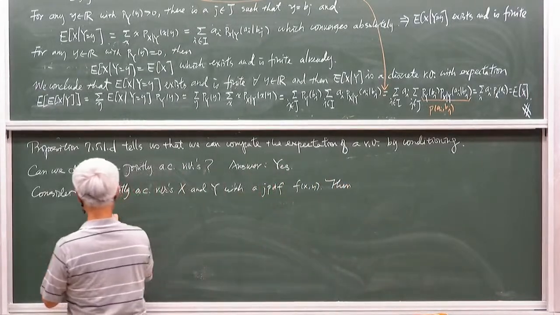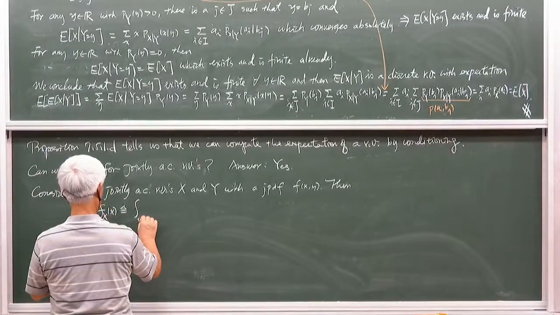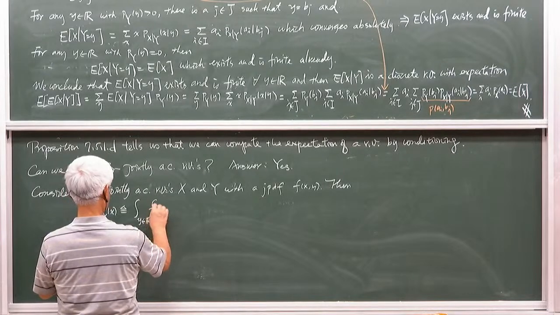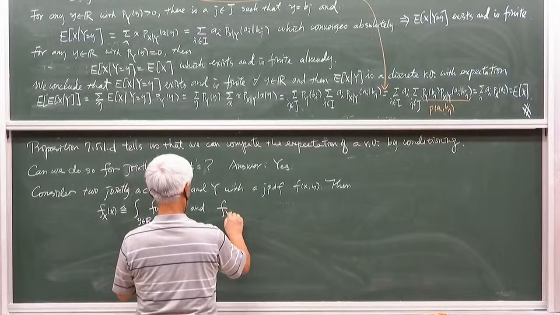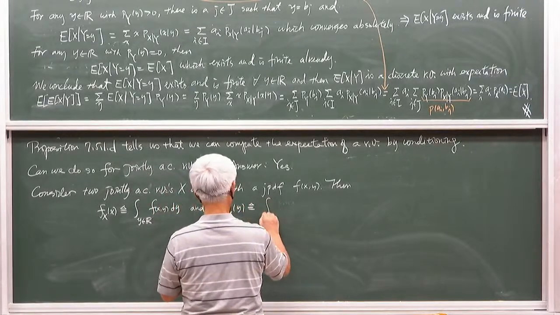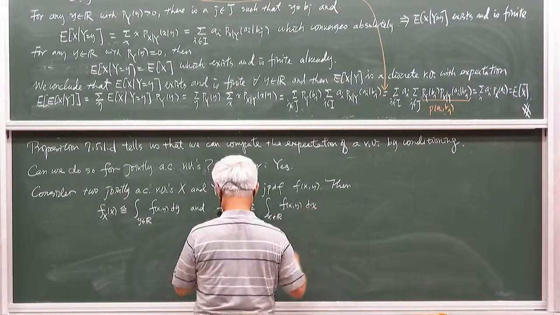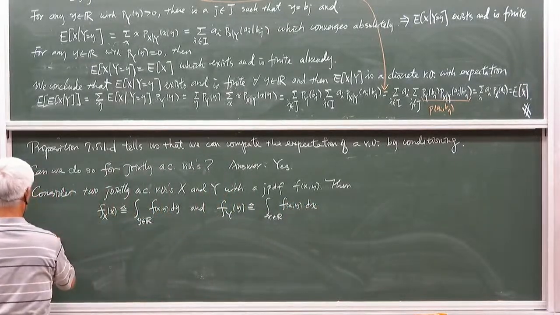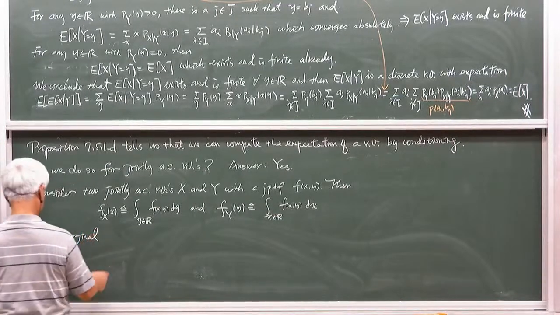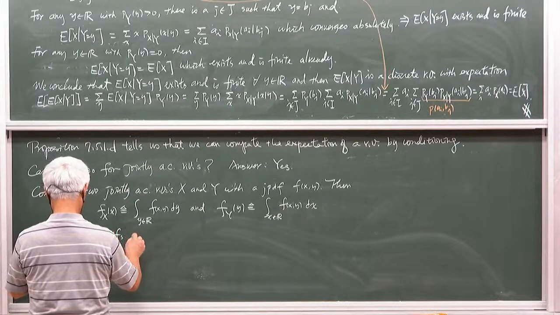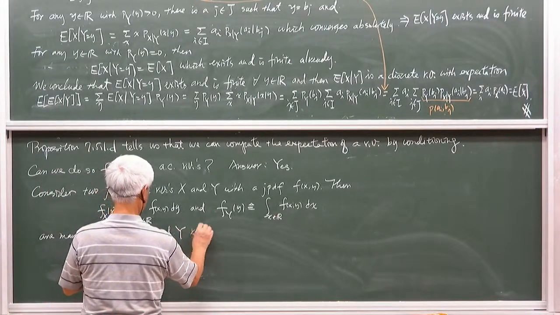Then we define two functions as before, as in chapter 6, which are the marginal PDFs of X and Y respectively.